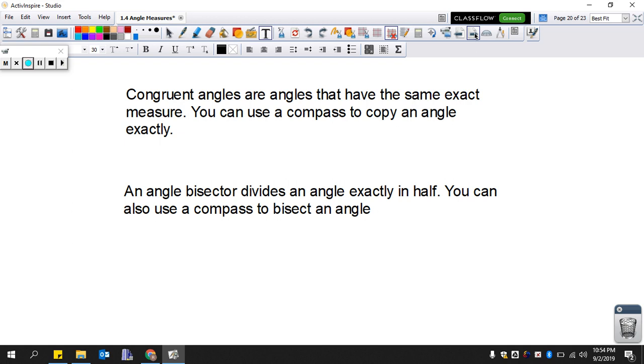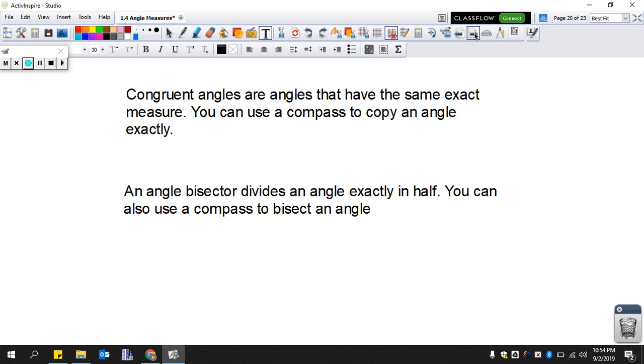So the next thing we're going to talk about are congruent angles and angle bisectors. Congruent angles, you've probably heard the term congruent before, so you probably have a basic understanding of it. Congruent angles are angles that have the same exact measure, and we can use a compass to copy an angle exactly, and we're going to do that in class.